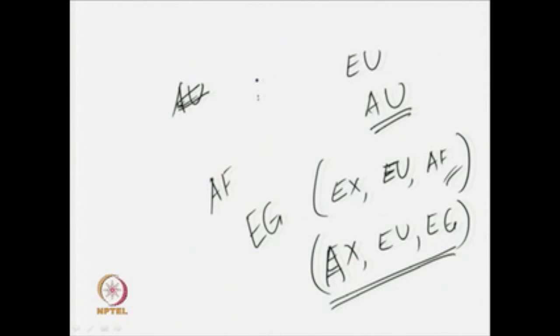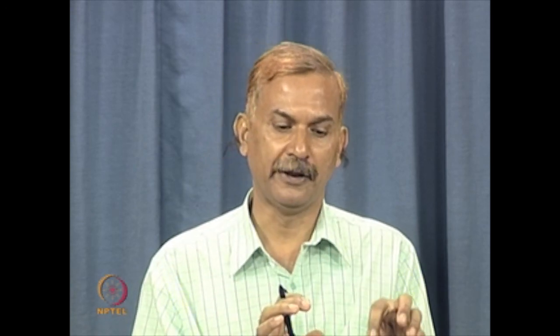So, either we can go for this procedure, or for this particular set. Basically we look for three operators, and the others will be expressed with the help of these three operators. This is another approach we have seen, and the time complexity may be slightly reduced in this case.